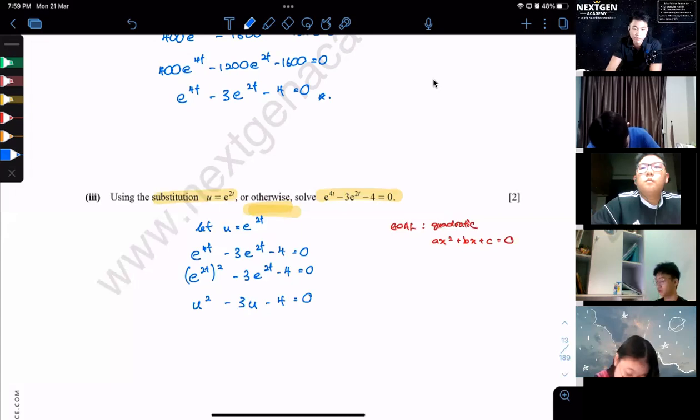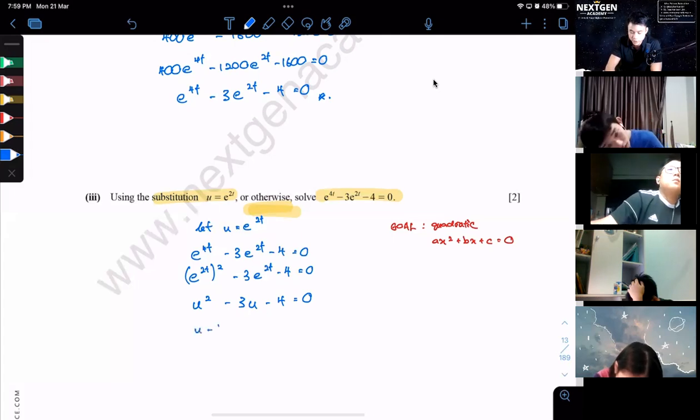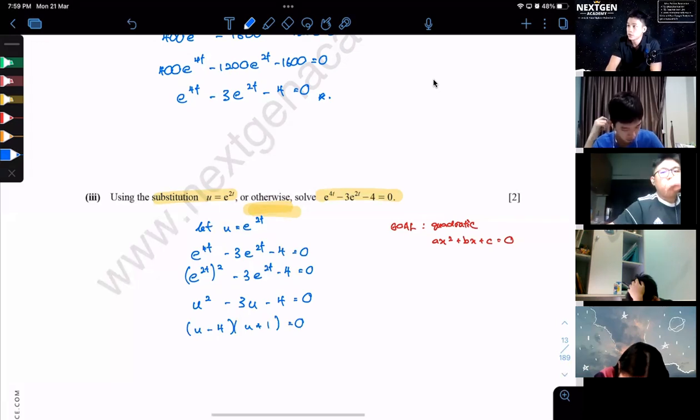Once I have a quadratic expression or equation, I can always use my factorizing, my bracket method, or if it's a bit more complex, then you can use your quadratic formula to solve it. So this one, what will we get? (u minus 4)(u plus 1) equals 0.